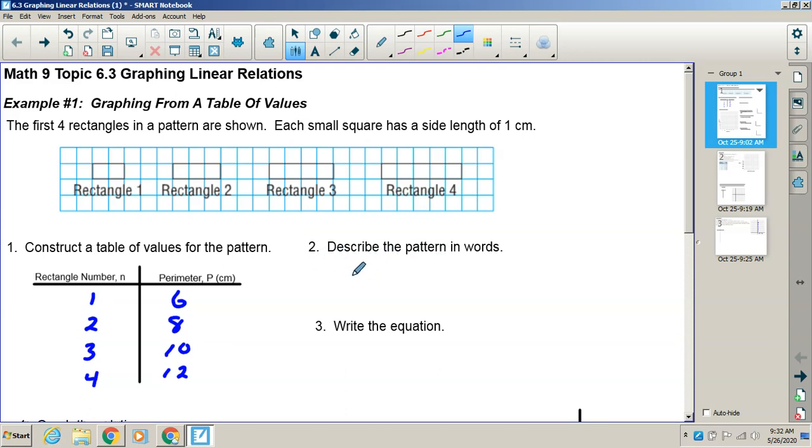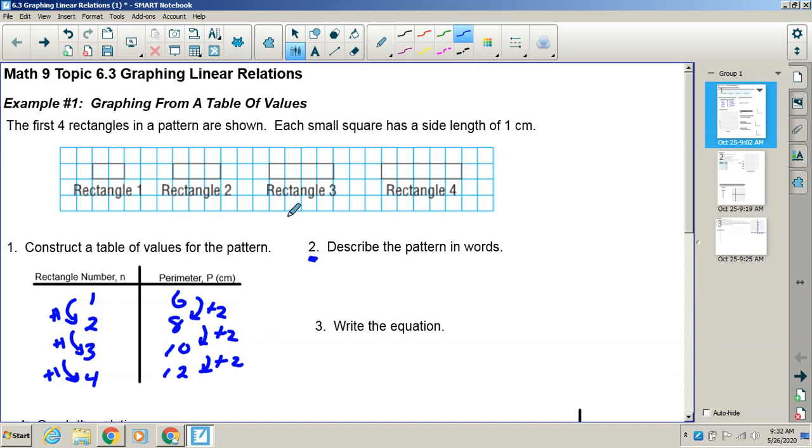As you see, the rectangle numbers are increasing by 1 every time, plus 1, plus 1, and the perimeter is increasing by 2. So you could say: as the rectangle number increases by 1, the perimeter increases by 2. That would be perfectly fine for a description in words.